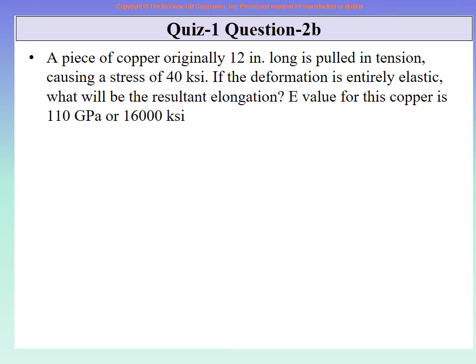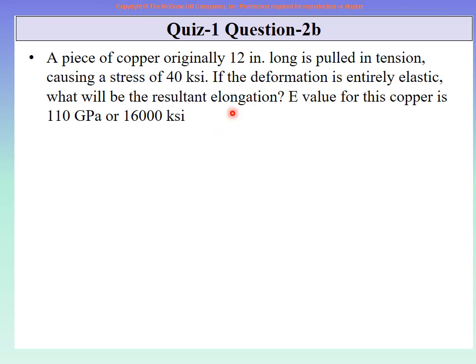So the data is that the original length is 12 inch and it is pulled in tension, and 40 KSI, 40,000 PSI stress is already there. But we are saying that the deformation is entirely elastic. So what will be the elongation, the delta L value?